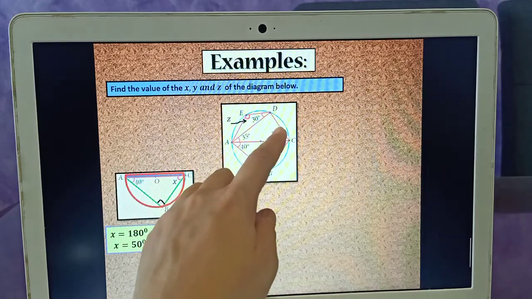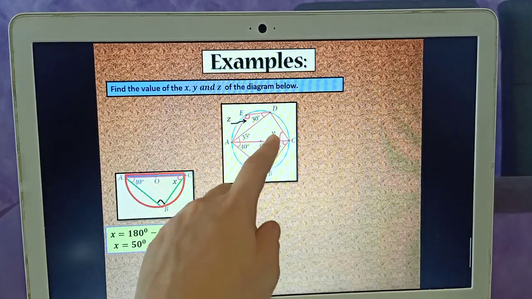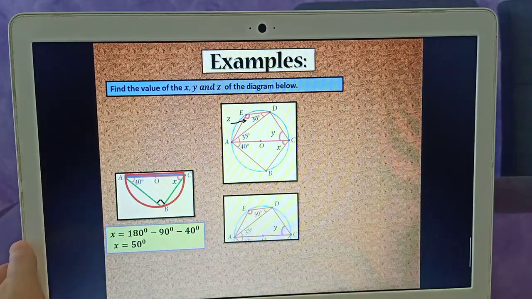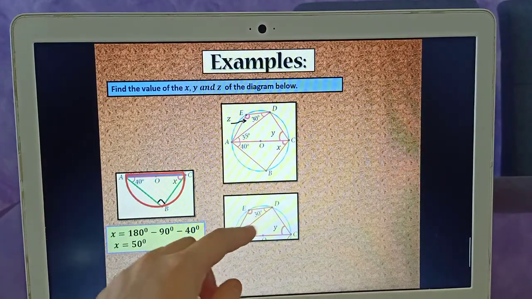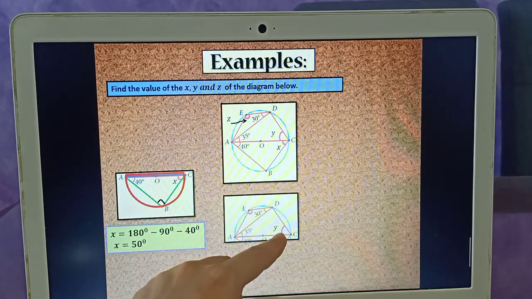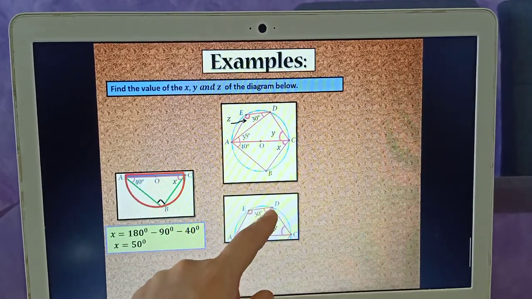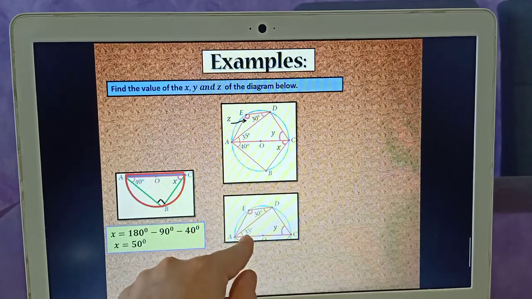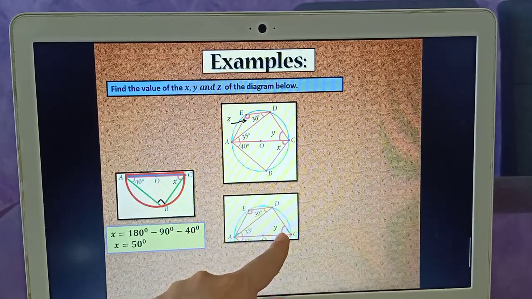As for y, it is the angle in the upper part of this semicircle. So I cut it like this. This is a triangle, and y happens to be in this triangle. So as long as I can find this angle, I will use 180 minus this angle and this angle so that I could get y. So I need to know what this angle is.